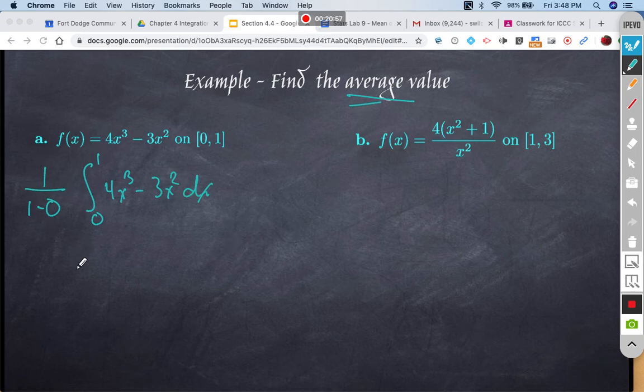So 1 over 1 is just 1, so I just worry about that integral. I take my antiderivative, and this is 4 times x to the 4th over 4 minus 3 times x to the 3rd over 3, evaluated from 0 to 1.